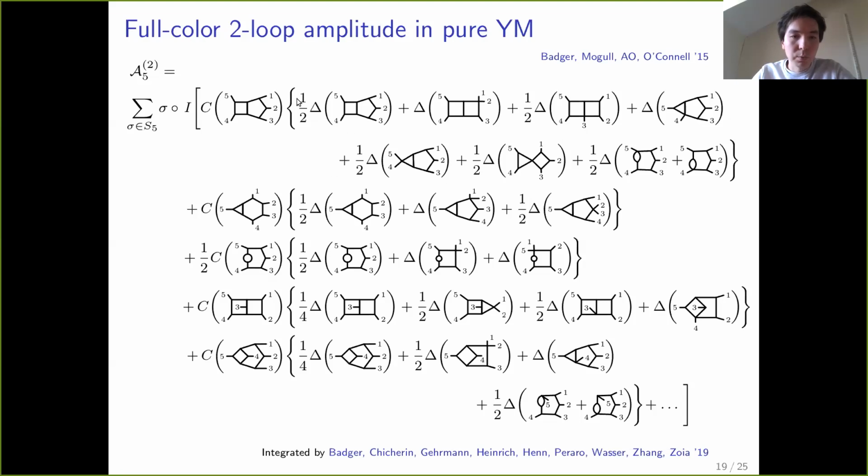We had this problem where we had numerators, but we were not sure what color factors went with them. This is the problem that comes to you when you use unitarity methods. Feynman diagrams have their color given to you by Feynman rules, so it's trivial. But in the unitarity method, sometimes you get confused with trivialities like color.